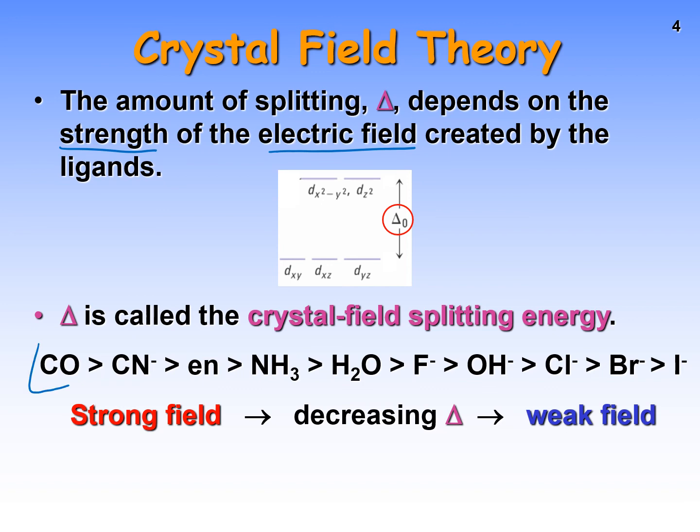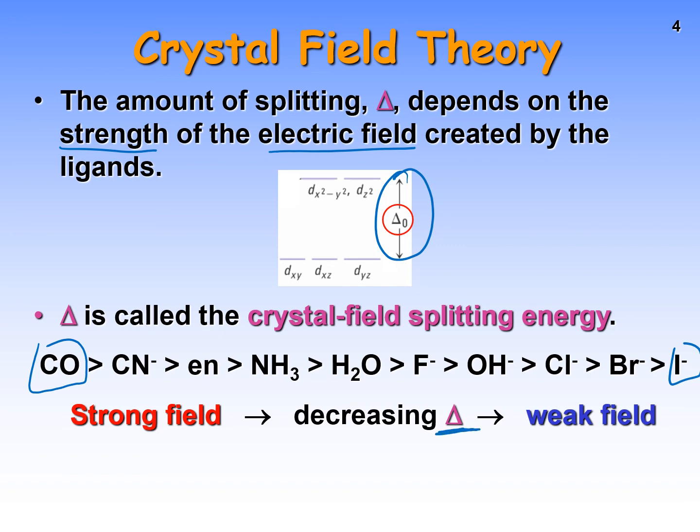And as we go from CO to I minus, the delta O, the crystal field splitting energy, decreases. It gets smaller and smaller because this distance is really a basis of how strong that electric field is. The weaker the electric field, the smaller the gap between the 2 orbitals up top and the 3 orbitals down below. Now, all this is great.